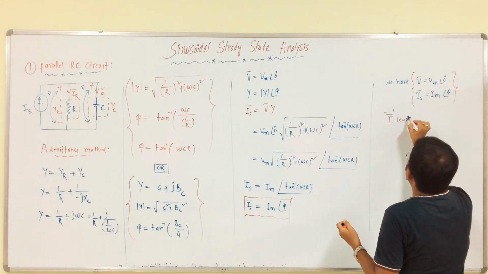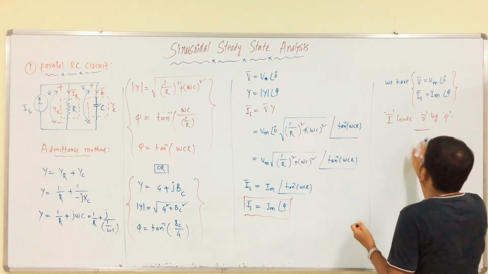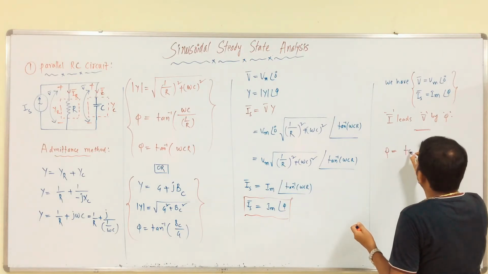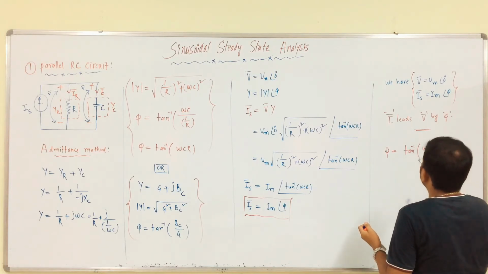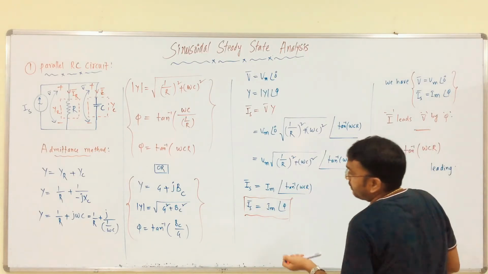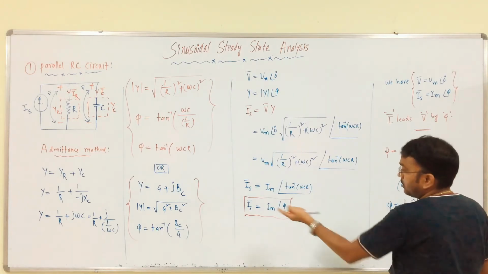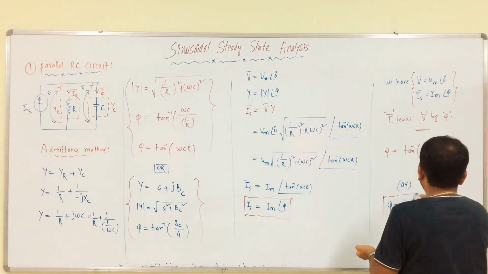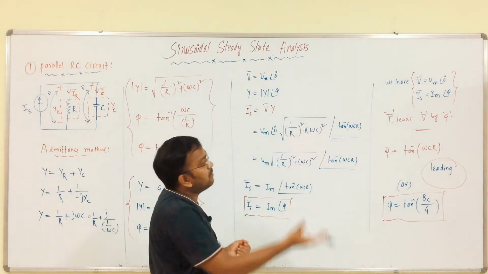Therefore, phi is nothing but tan inverse omega C R. This is leading, or you can write phi is equal to tan inverse BC, the capacitive susceptance, by conductance. You can write like this also. But in any case, we have a leading angle. Current leads voltage by phi.